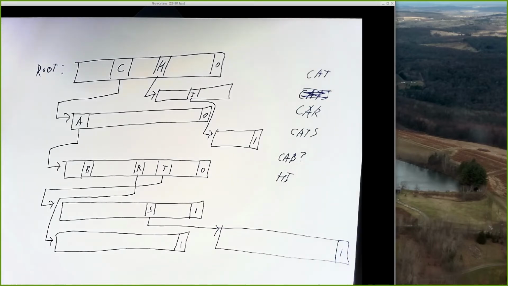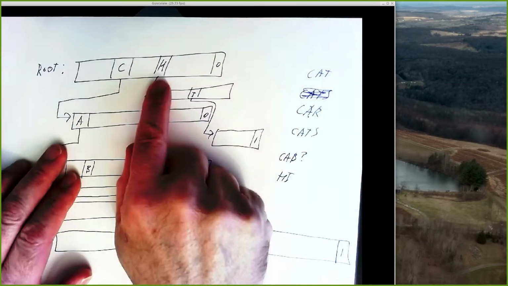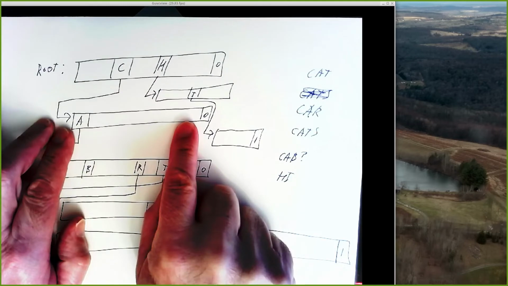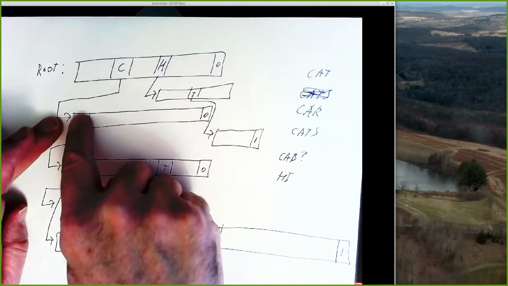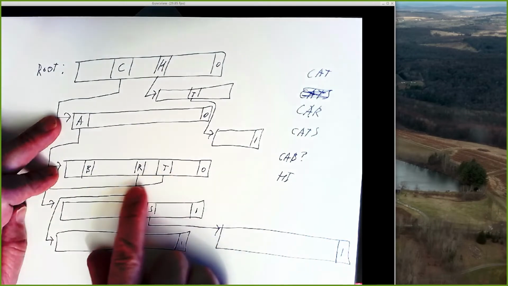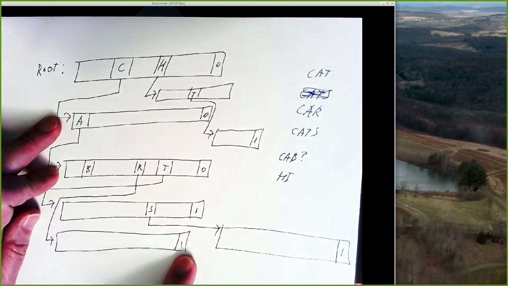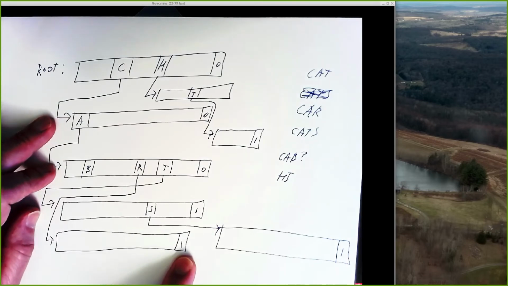Why can't it put the I, sorry, with the A right under the same place where you store A for cat? So if I had the H pointing down here, then that would mean that HAR was also stored in my trie.